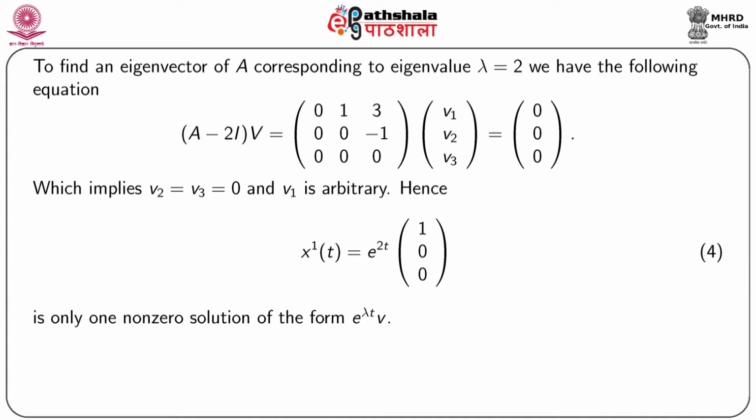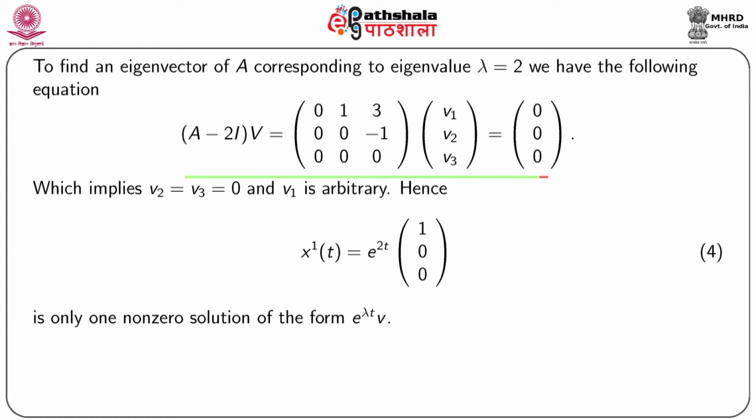To find an eigenvector corresponding to the eigenvalue lambda equal to 2, we follow the same procedure. We have (A minus 2I) into v equal to 0. After simplification, this gives [0 1 3; 0 0 -1; 0 0 0] into [v1, v2, v3] equal to the null matrix [0, 0, 0].